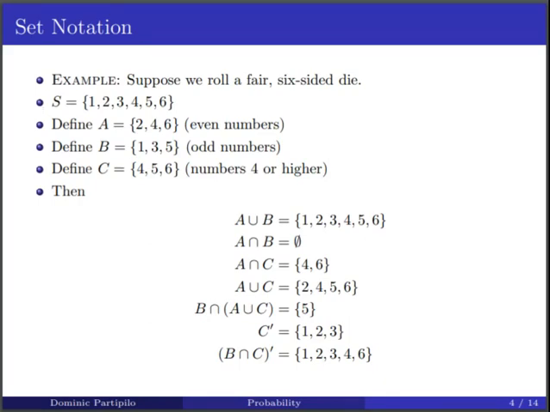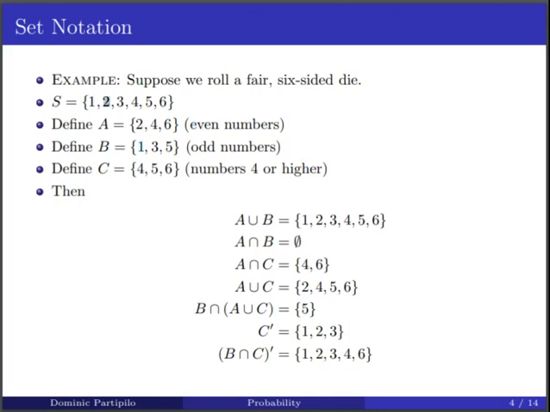So now we can do things like this. We could say, all right, what's A union B? In A union B, remember, it's any of the outcomes that are in the event A or in the event B. So let's just take it one by one here. Is the number 1 in A or in B? And the answer is yes, it's in B, so that means it's in A or B. Same with the number 2.